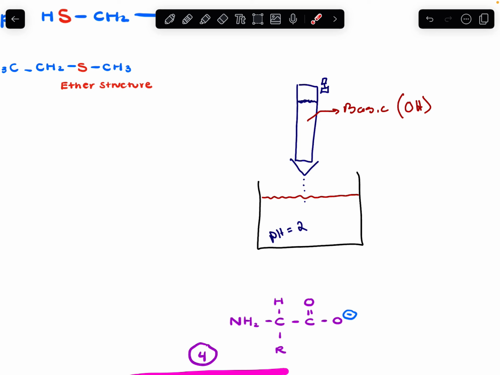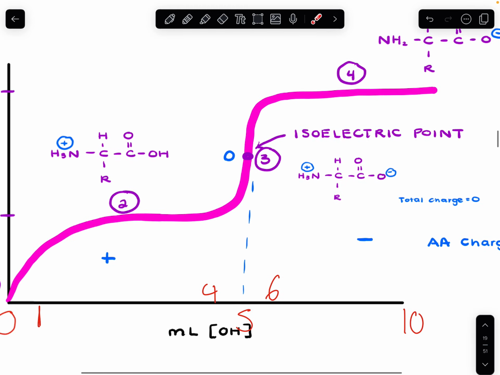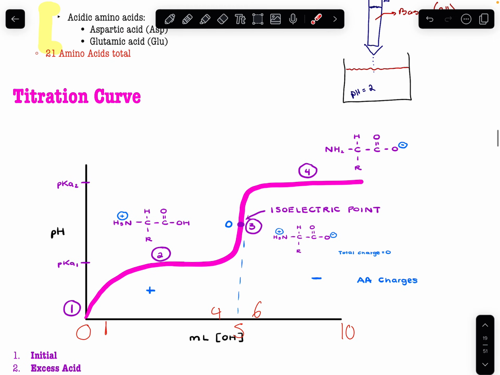If we are adding a basic element to an acidic element, over time that pH is going to rise and cause the solution to become overall basic. This titration curve demonstrates what's going on.